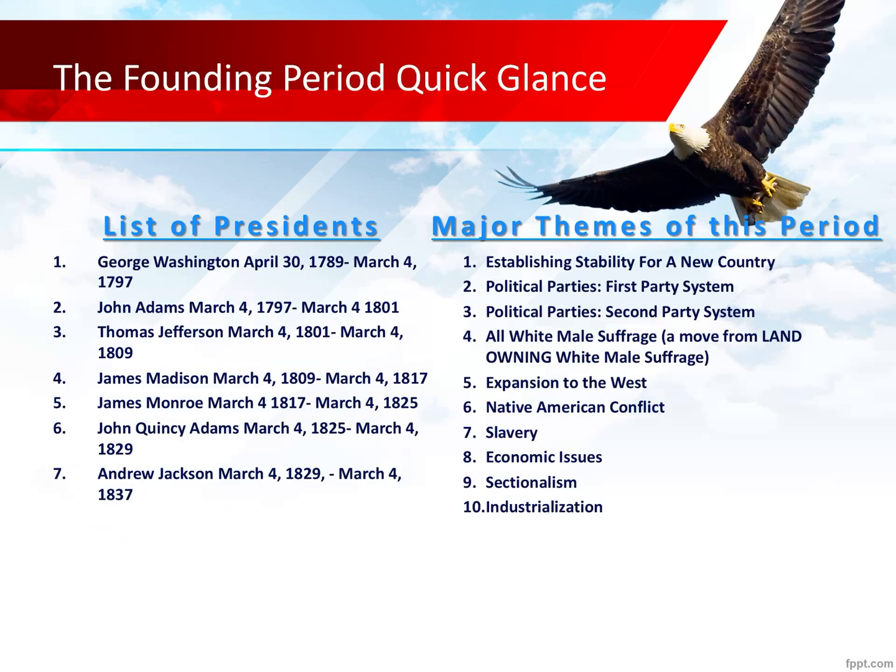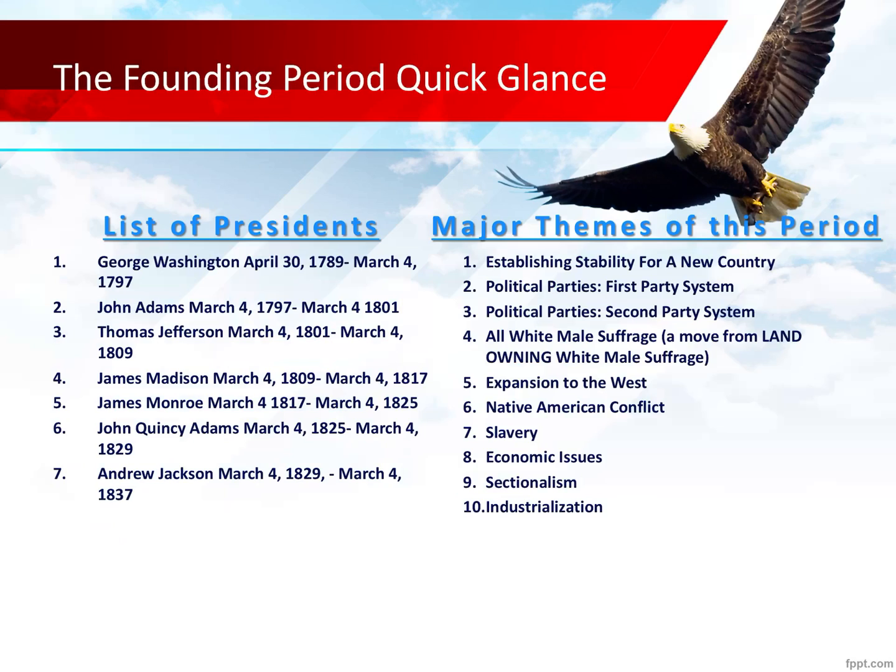This time period sees 7 presidents. George Washington, obviously, is our first president. John Adams is our second. Thomas Jefferson is our third president. And I am his 7th great grandnephew. That's pretty cool. James Madison is the 4th president.